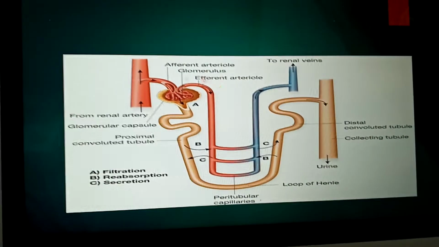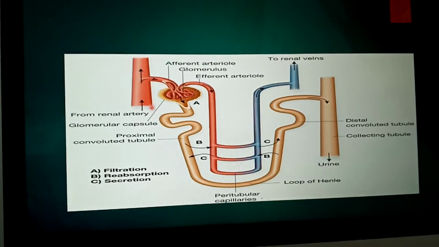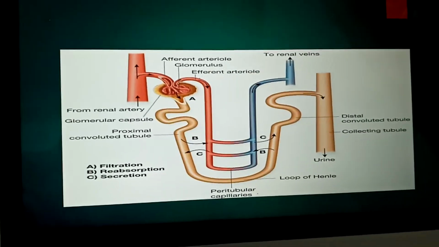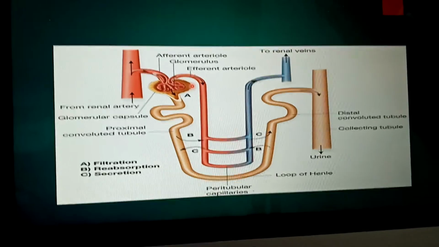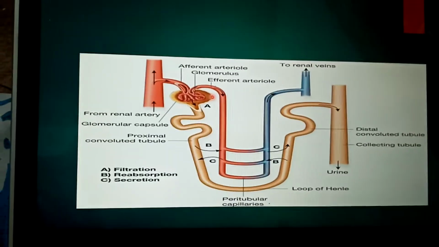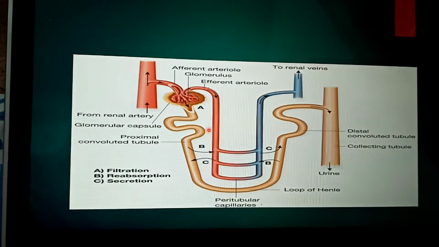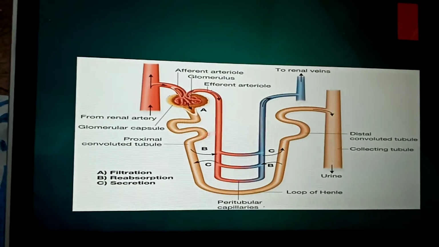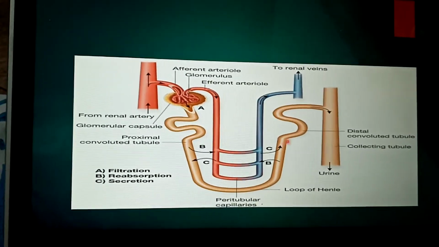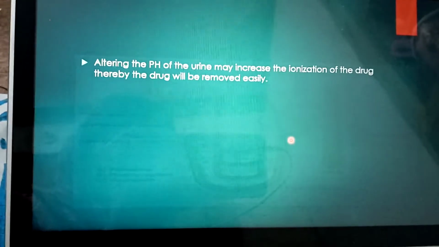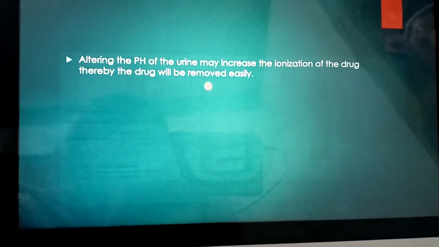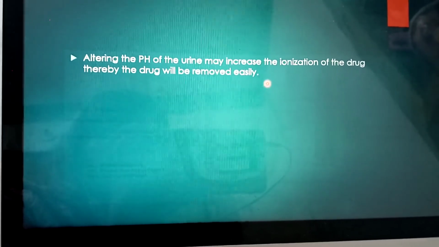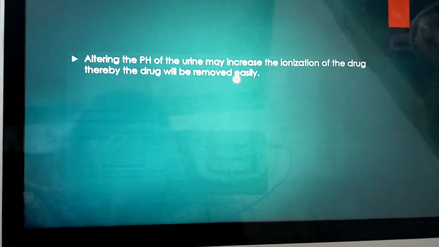Here we have studied the whole process and anatomical structure: glomerular filtration occurs, then tubular secretion takes place here, and here tubular reabsorption takes place. And then we have discussed how altering urine pH may affect drug excretion.